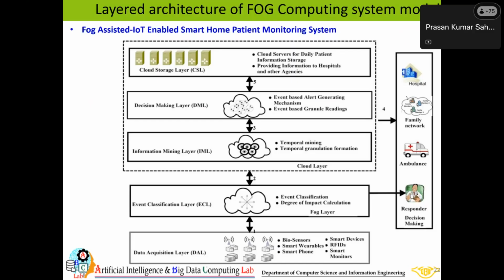In this way, that is the bottom-up approach. And the applications could be hospital, family network, or the users, responders like doctors or the ambulance. So in different applications, as I have mentioned earlier, we can use it.